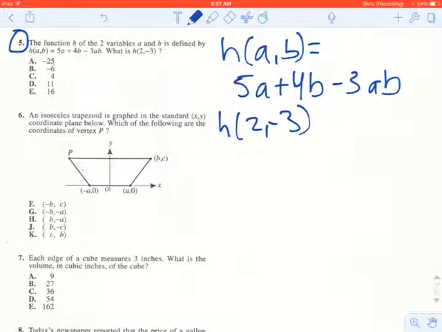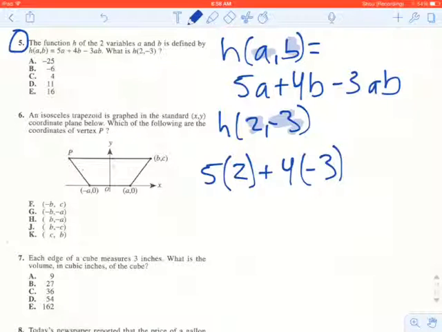So now everywhere that there is an a, we're plugging in 2, and everywhere there's a b, we plug in negative 3. So 5 times, now this a becomes 2, plus 4 times, and that b becomes negative 3, minus 3 times a becomes 2, and b becomes negative 3.